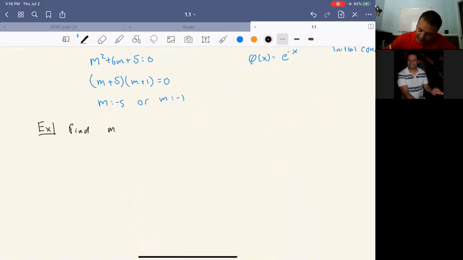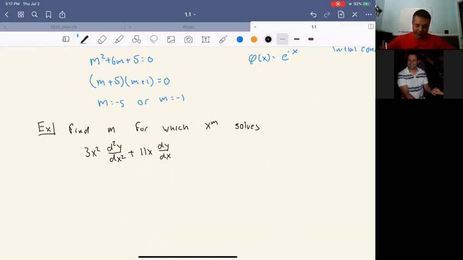Find m for which x to the m solves 3x squared d2y dx squared plus 11x dy dx minus 3y equals 0. So this one's a little different in that you have the x and the x squared.